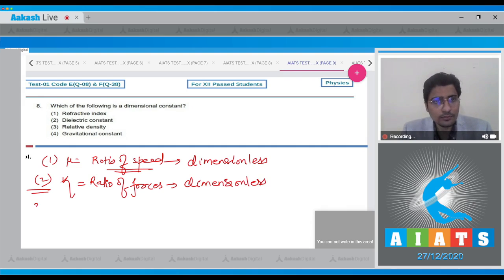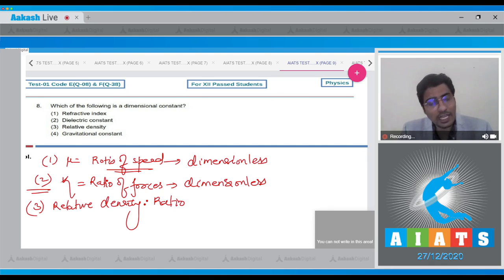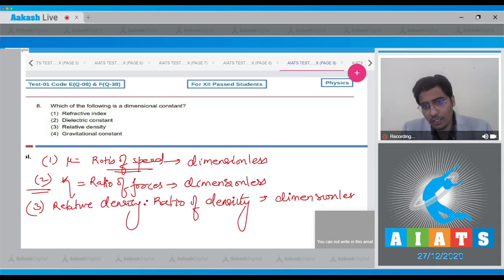The relative density, dear student, is the ratio of same dimension quantities, that is densities, meaning that this quantity is again dimensionless.